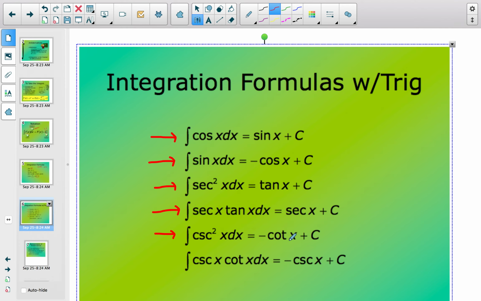And that makes sense because the derivative of cotangent is negative cosecant squared, and the negative of that is cosecant squared. And finally, the integral of cosecant cotangent is going to be negative cosecant of x plus c. Okay? So those are some main integrals that you're going to want to have down pat.